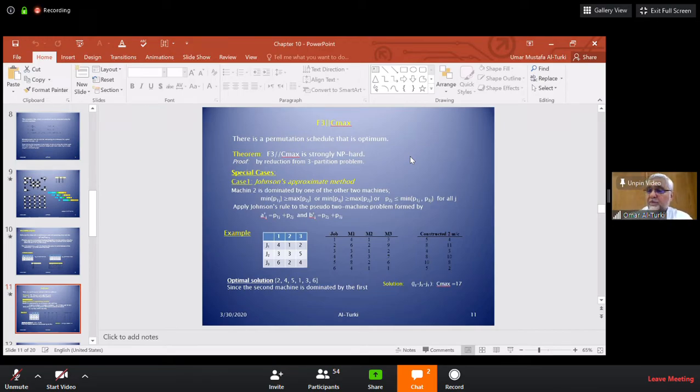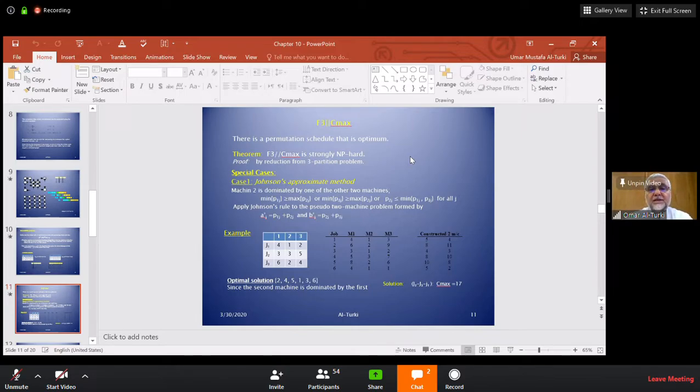That means no efficient solution for the flow shop problem with 3 and more machines. However, there are some special cases that are solvable in polynomial time. Here I have a list of the cases that are solvable. Other than this, it's not known to be solvable.